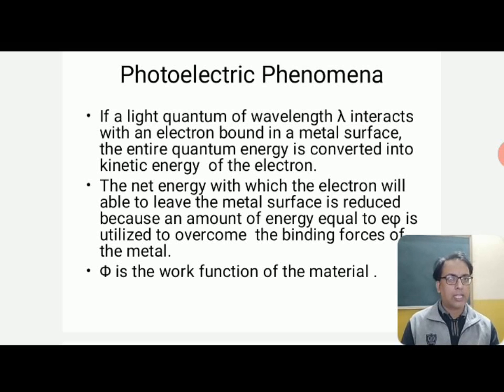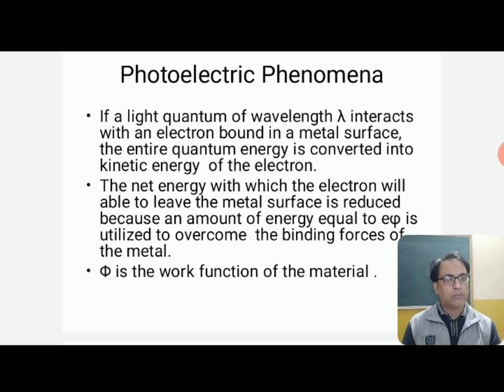The net energy with which the electron will be able to leave the metal surface is reduced, because an amount of energy equal to E phi is utilized to overcome the binding force of the metal. So the kinetic energy is not equal to the energy in the light quantum.